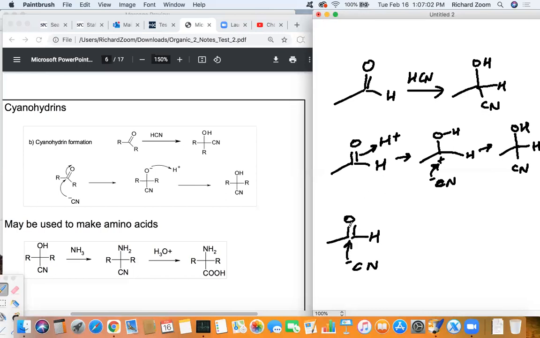So the other one has the CN minus coming in first and the electrons jumping up on the O. And then we have the H plus adding to the O here. Does anybody have any questions?